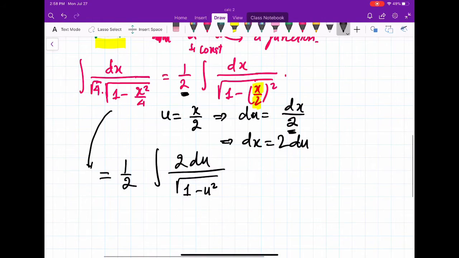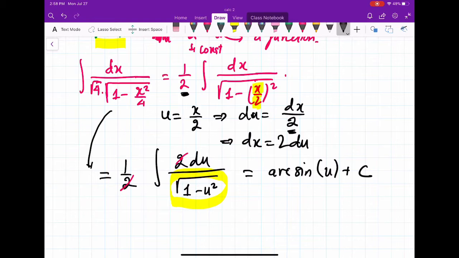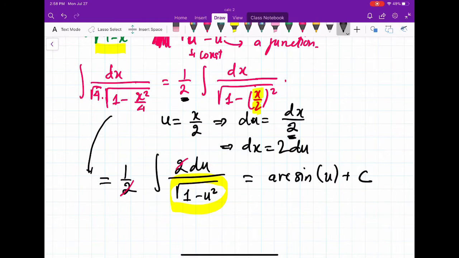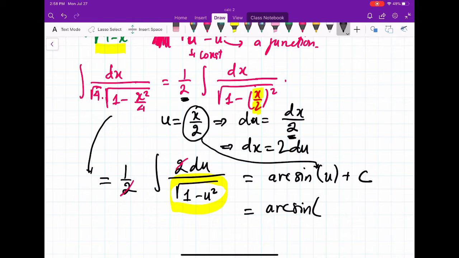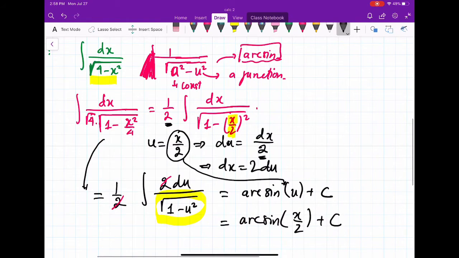Now you might simplify the 2 in here, and this is the standard formula already. That is arcsine of u plus c. You substitute back, and you get arcsine of x over 2 plus c. So in this case we took a very long way.